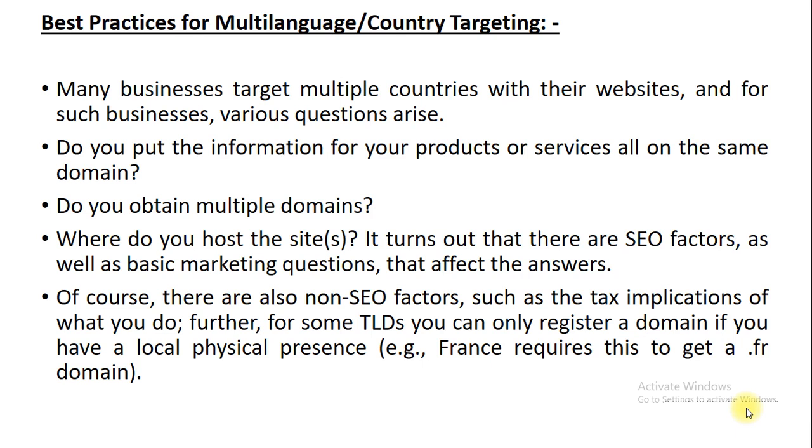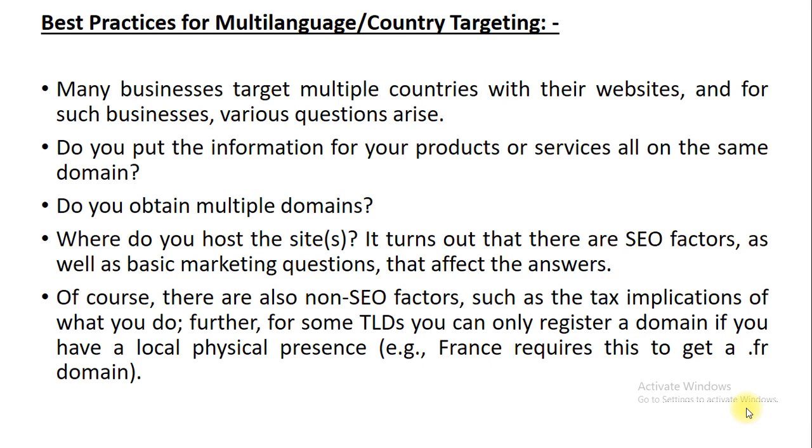As I have told you, there are certain SEO factors as well as non-SEO factors which will definitely have a huge impact on the website. So you need to decide whether the product or services are related to the same domain or you are going to use multiple domains. Some factors are called non-SEO and some factors are called SEO factors.